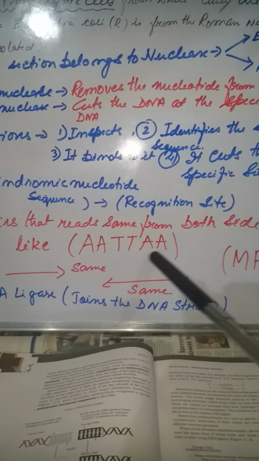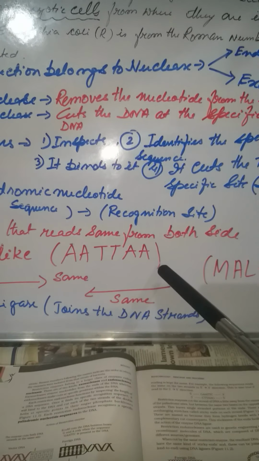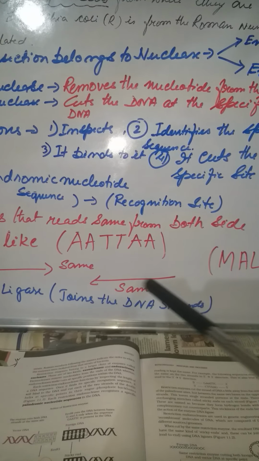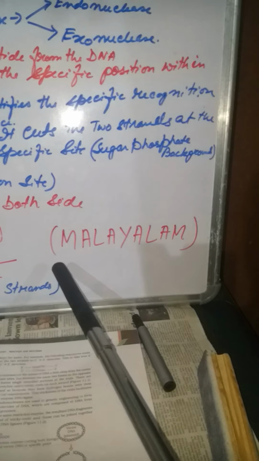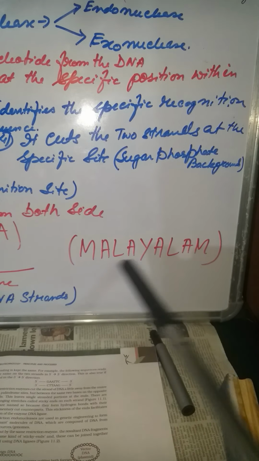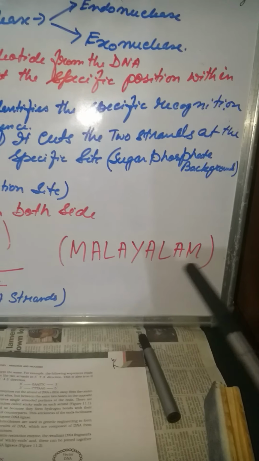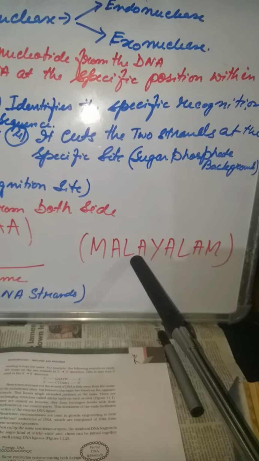It is the same if you read it from left to right and from right to left. In English, we have the word Malayalam, which gives you the same spelling when read from right to left.